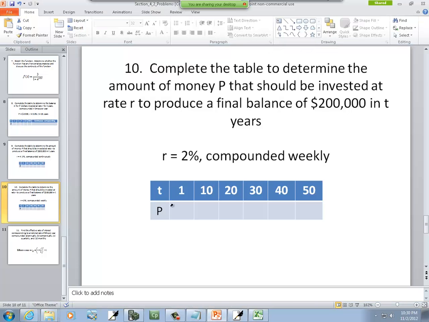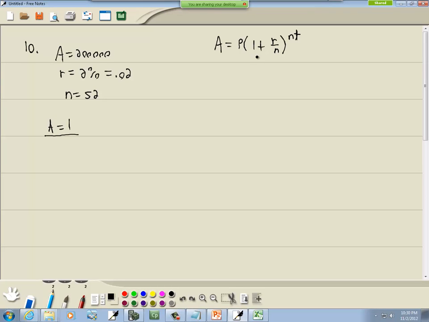Now what they want to solve for is P. Well, I can divide both sides by what's behind my P here. So A divided by (1 plus R over N) to the NT power. A lot of times they go ahead and give you these formulas for finding present value.